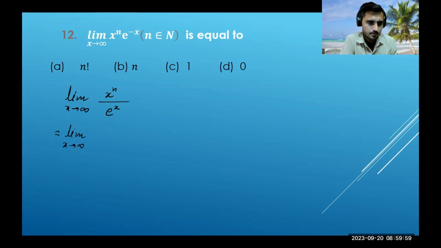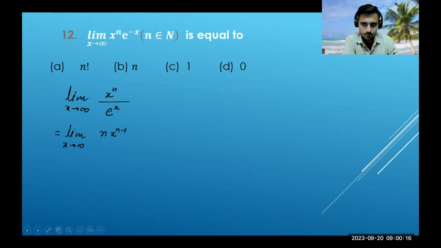For L'Hospital, if I differentiate the numerator, we get n into x raised to the power n minus 1, right? And if I differentiate it once again, I'll get n minus 1 x raised to the power n minus 2. If I differentiate once again, n minus 2 x raised to the power n minus 3.